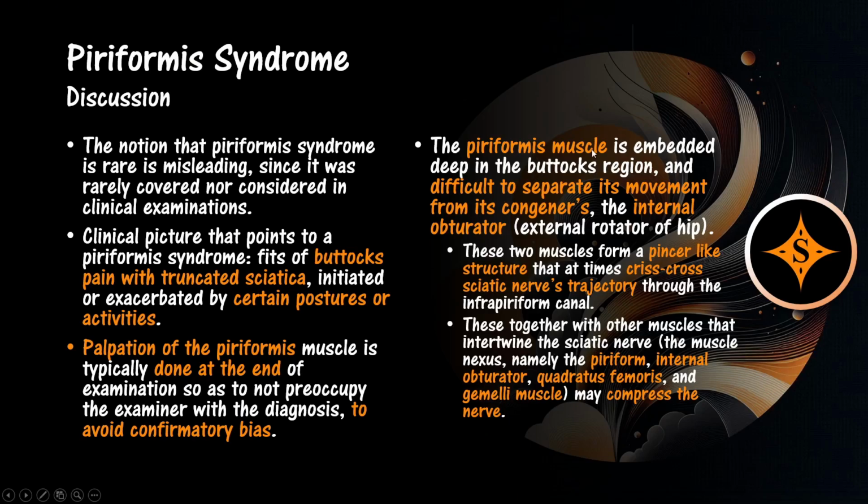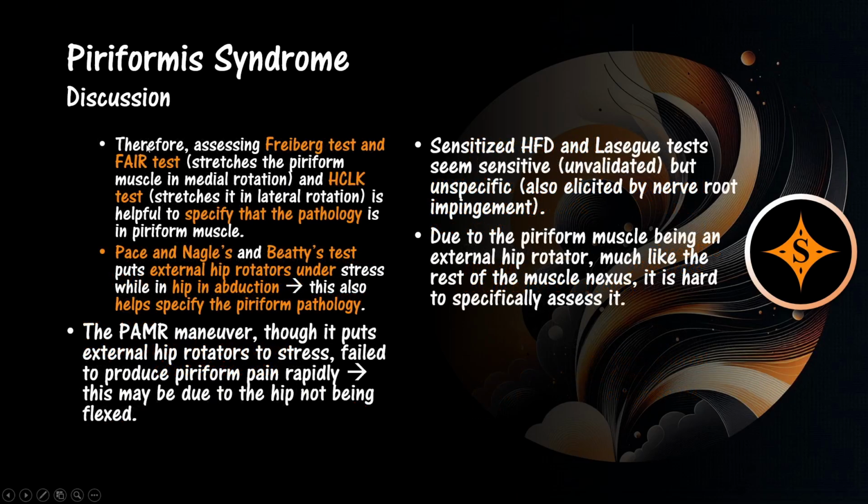The piriformis muscle is buried under other muscles that makes it harder to specify whether the pain is actually coming from the piriformis muscle, and that's why combining these tests will theoretically increase the sensitivity and the specificity. However, it's still unvalidated, but theoretically that's how it works.